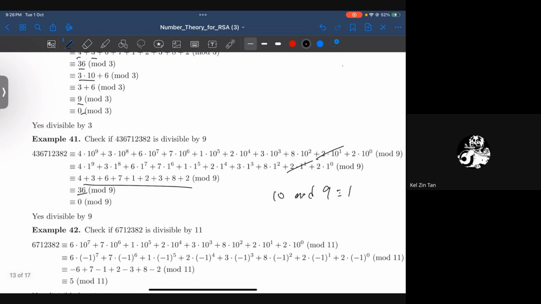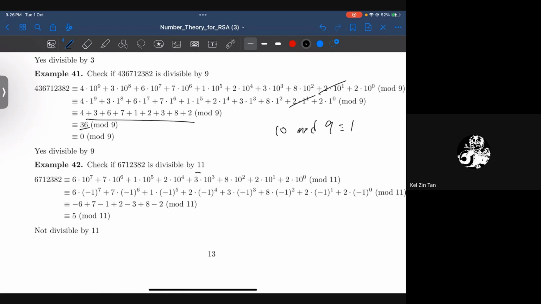So another classic example is 11. When we take modulo 11, we know that 10 modulo 11 is equal to -1 modulo 11. So you can rewrite it as 2 multiplied by -1 to the power of 0, and then just repeat everything.